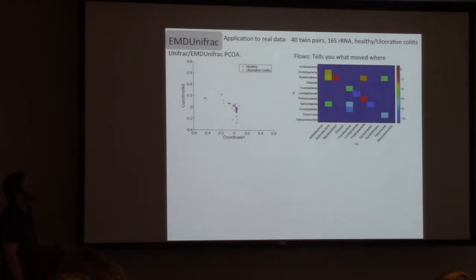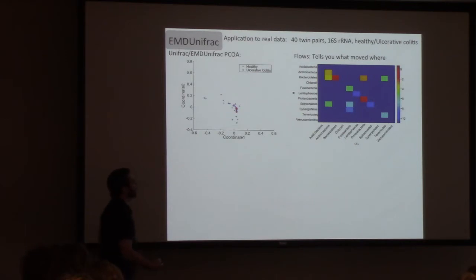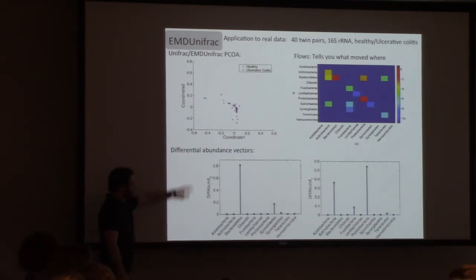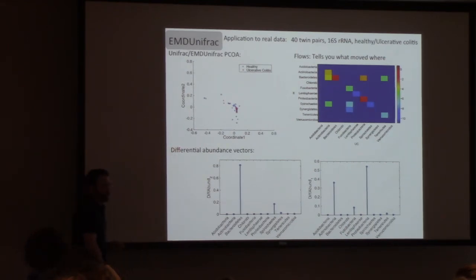So let's instead look at either the flow, which might not be unique, but it's basically a partitioning of one of the numbers between one of the healthy samples and one of the ulcerative colitis samples that will tell you which organisms moved where when you had to move it along the phylogenetic tree. These flux quantities, represented here with differential abundance vectors, do a better job of explaining that.